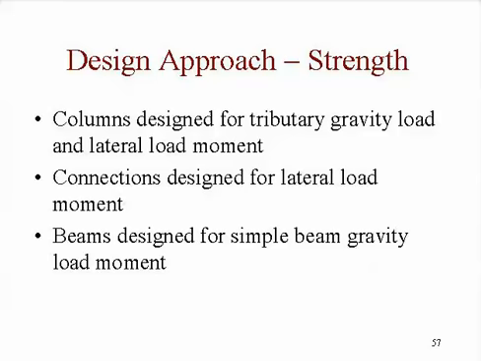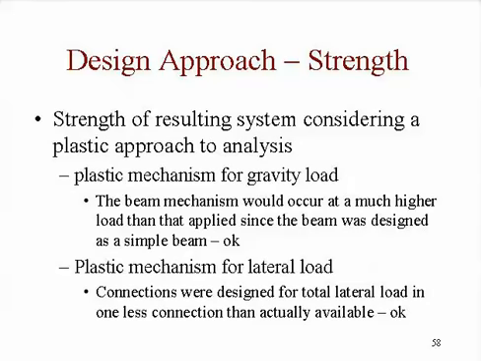Now let's look at the strength of the resulting system. What might we expect to see? If you look at the plastic mechanism that might occur for the gravity load system, the beam mechanism is going to occur when you get WL squared over 16 at the ends and in the middle, right?